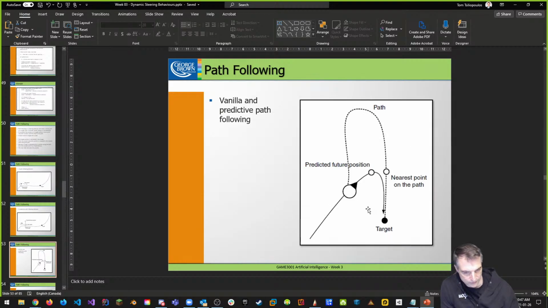Path following has issues. One thing that we can do is if we notice that here is the predicted path, as an example, that the target is taking. Instead of me following in the target's footsteps, because that's what path following really is, I have a target that generates a path behind it. And instead of me following it, I calculate where the target's going to be.